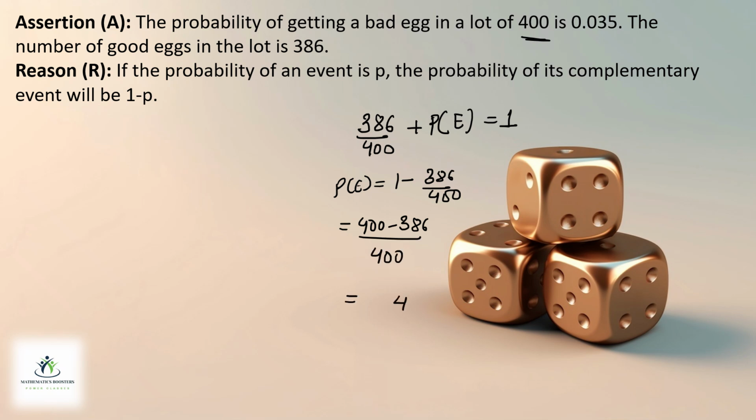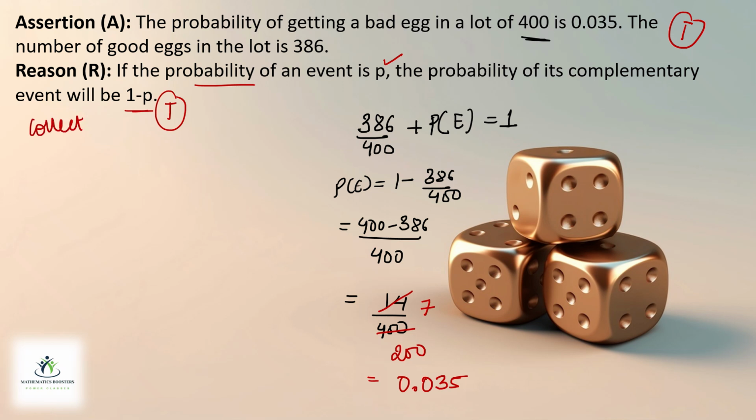It will be 14 by 400. Now cancel it. Both are divisible by 2, 7 by 200. Now divide it. This is 0.035. This means this is true. The probability of an event P and the probability of its complementary event, this is also true and this is what we have used here. So this is the correct explanation. Hence A.